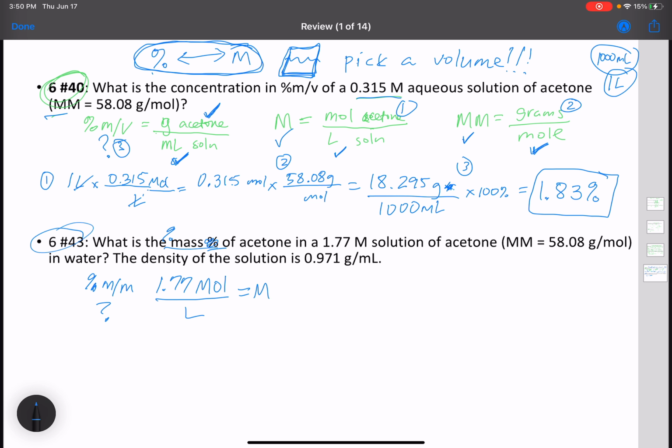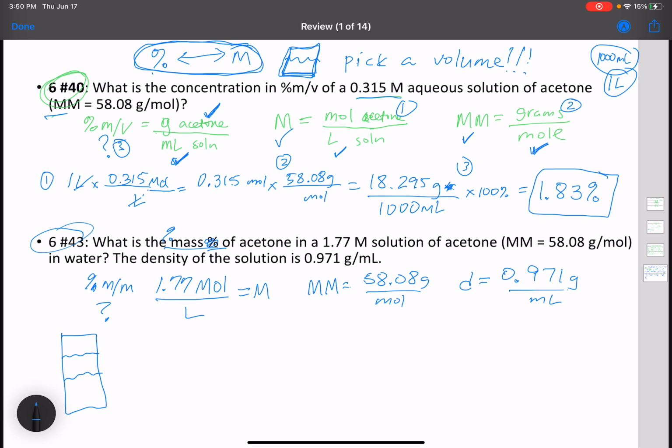All right, we know the molar mass is 58.08 grams per mole. And we know that the density is 0.971 grams per milliliter. And we have this solution. It's made up of acetone and water. They're mixed together, but I'm going to kind of draw them separately.